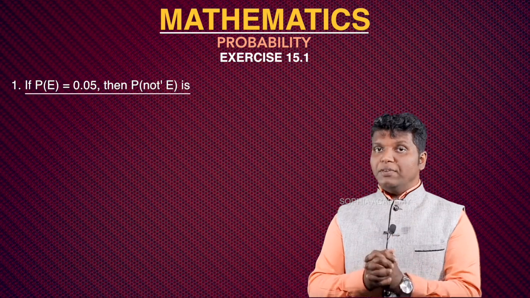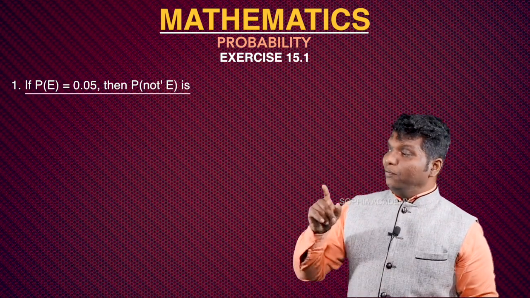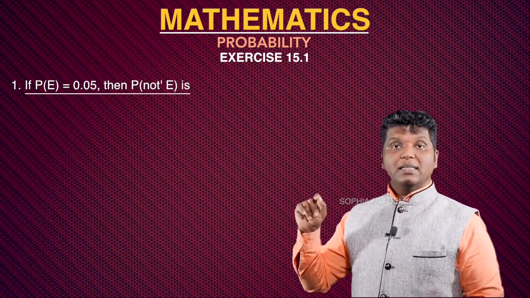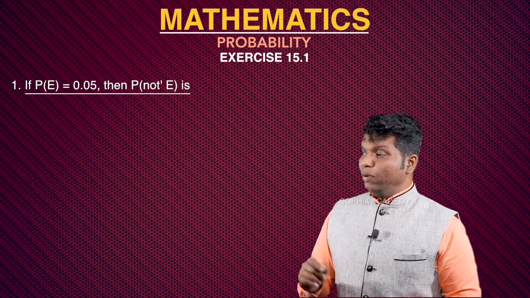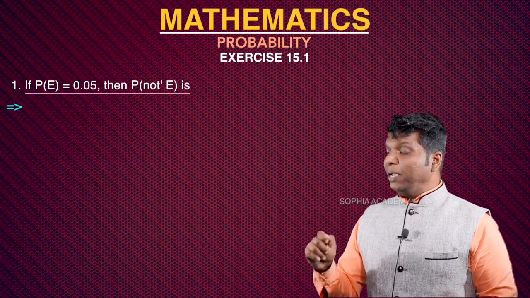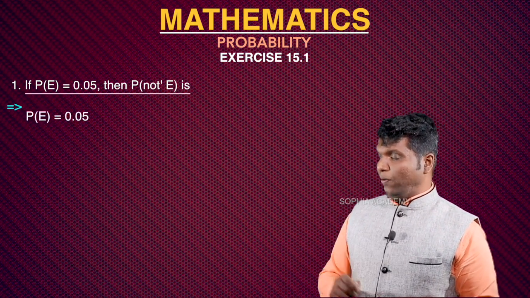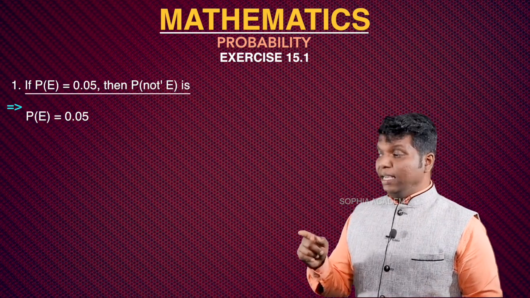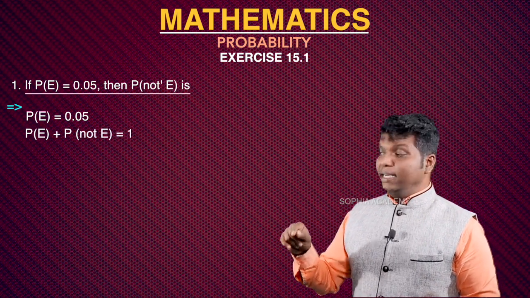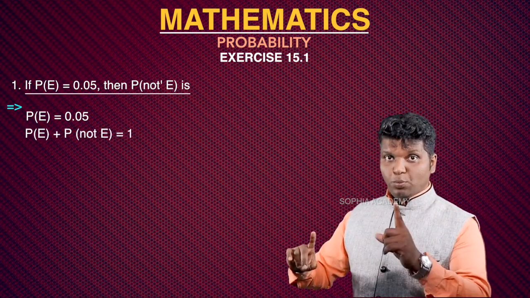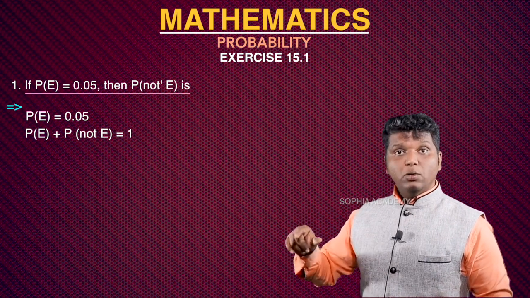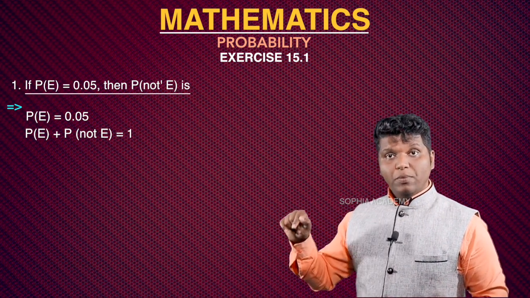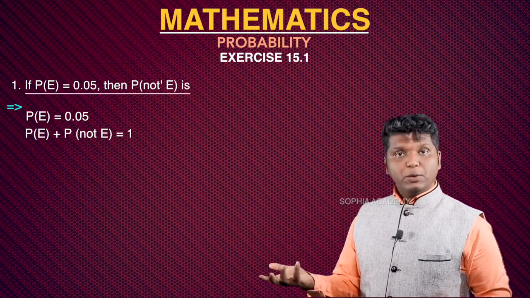So altogether, it is 1. Here very clearly it is written that P of E is equal to 0.05. So we will write, given P of E is equal to 0.05, we have P of E plus P of not E is equal to 1. Total probability is 1, right? We know. Now, as you know that P of E is equal to 0.05, you have to substitute there, right?